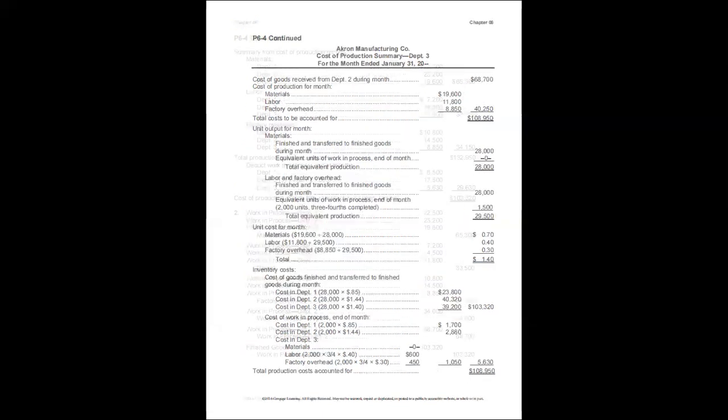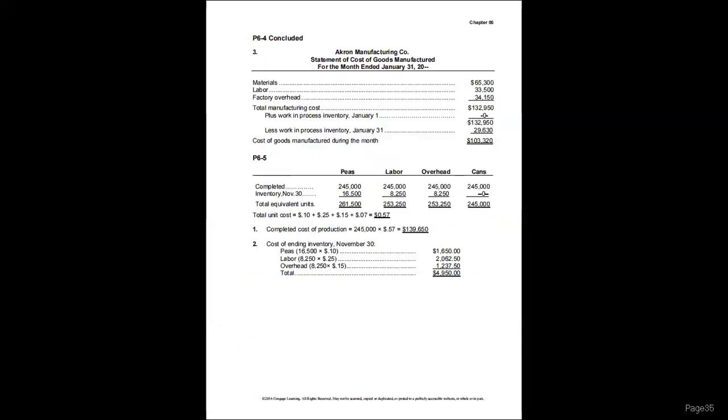Now, this is the requirement of problem 6-4. We still have the journal entries to record the January transactions and to prepare a statement of cost of goods manufactured. Okay, still 6-4.